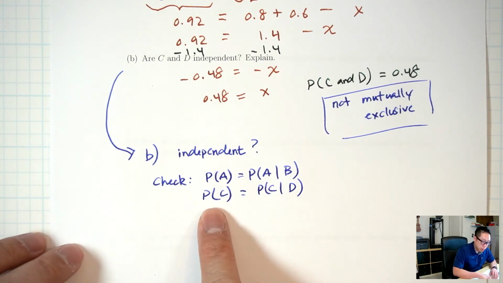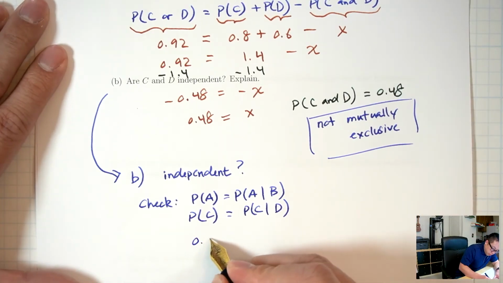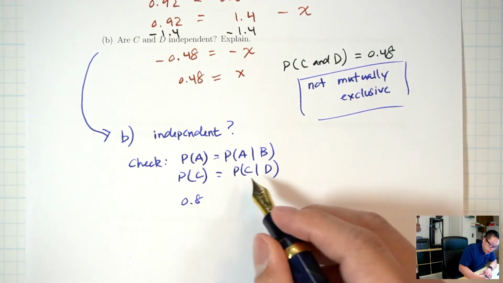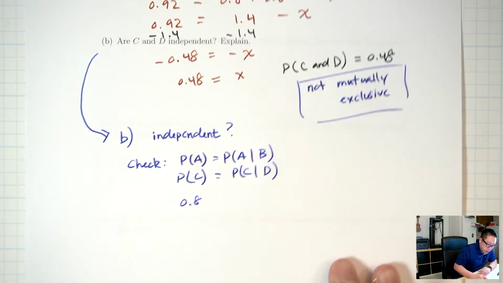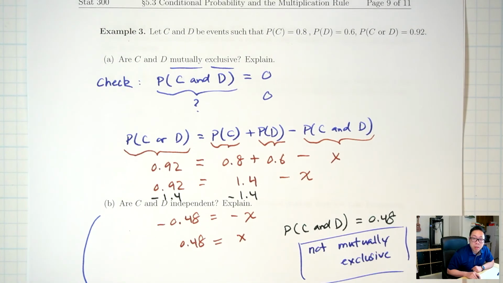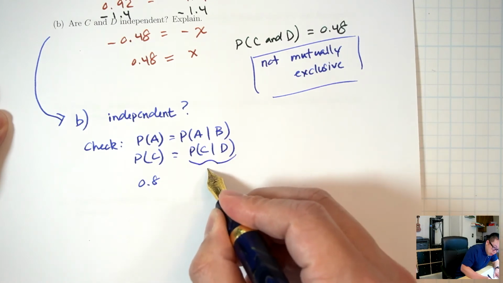Left side, probability of C, I know it's 0.8. Okay, right side, C given D, I don't think I have yet anywhere. So I actually have to find the right side.